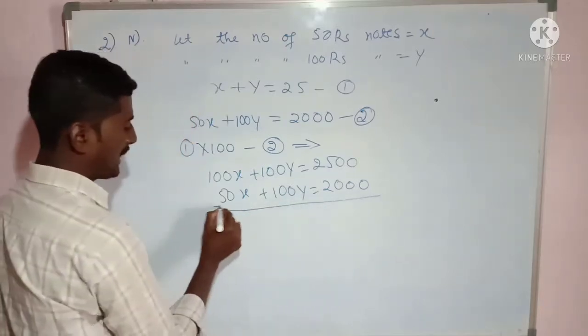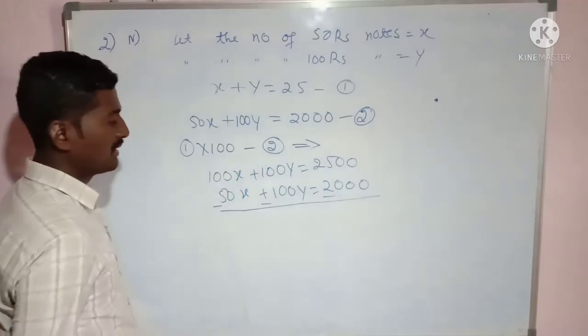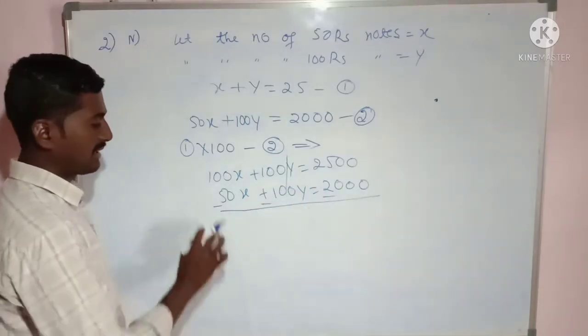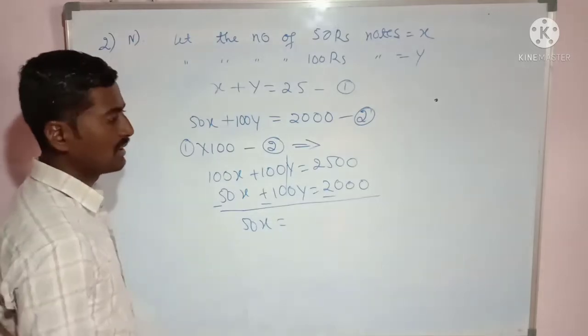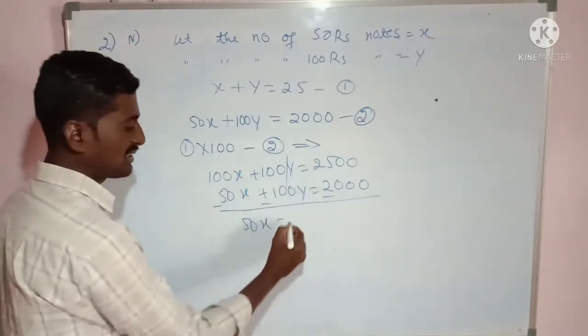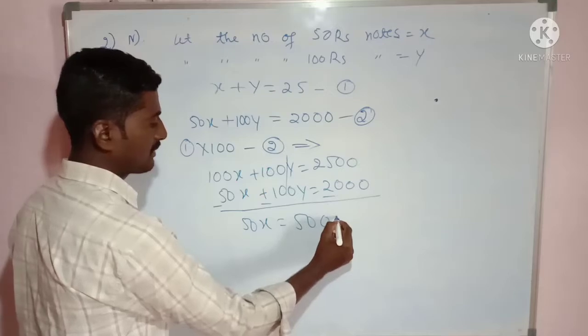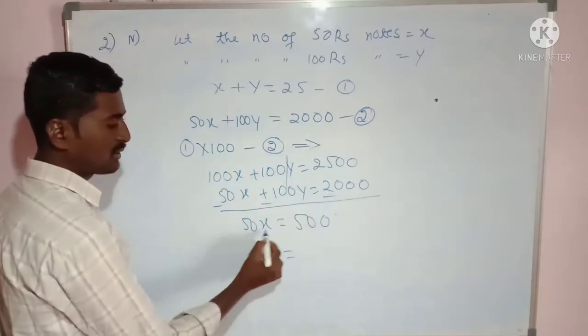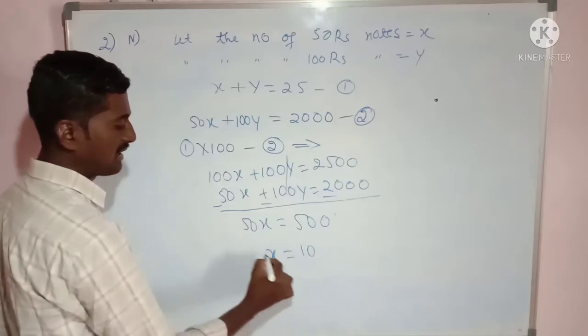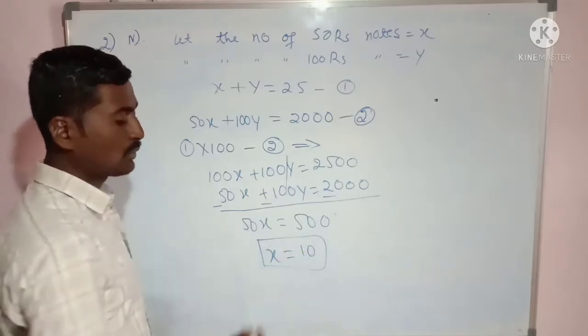So plus and minus get cancelled. 100x minus 50x, that is 50x, is equal to 2500 minus 2000, that is 500. Now x is equal to 500 by 50, the zeros get cancelled, 5 tens are 50. It means x equal to 10.